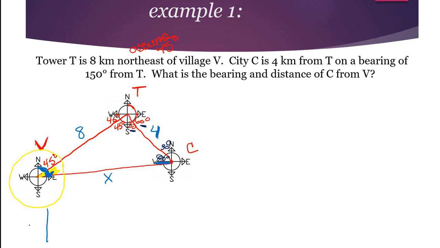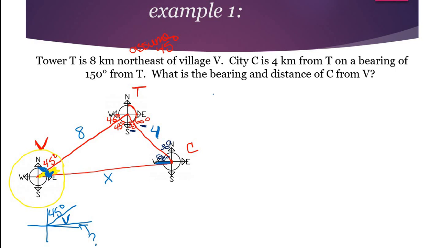If I were to draw this a little zoomed in, what's happening is I have 45 degrees here, some angle V, and then this angle right here, which I don't know. So together, V and that question mark add up to 45. I know that, but I don't know what that division is.